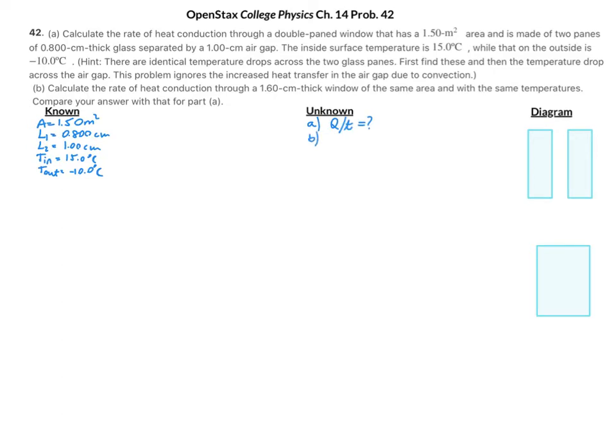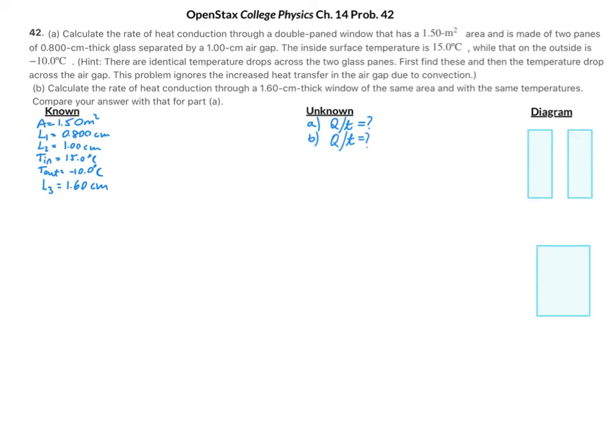In part B, now we have a thickness, I'll call it L3, is 1.6 centimeters. Same area, same temperatures. And for part B, we're looking for the different Q over t.